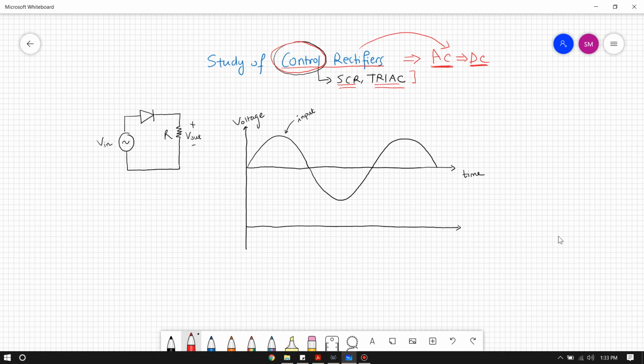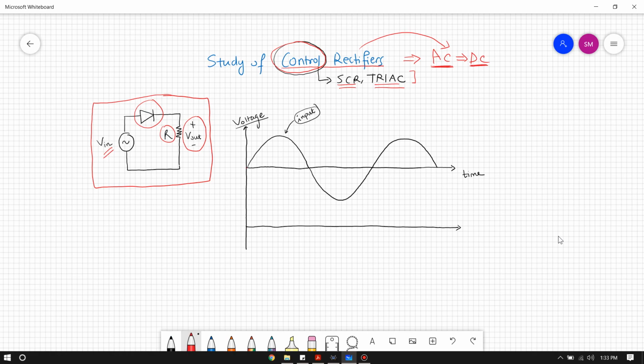Now, if you consider a simple half-wave rectifier circuit using a diode, we have our V input, we have a diode, and we have a load resistance R that we measure our voltage out across, right? So if this is our input voltage in our simple half-wave rectifier, then the output voltage will be somewhat like this.